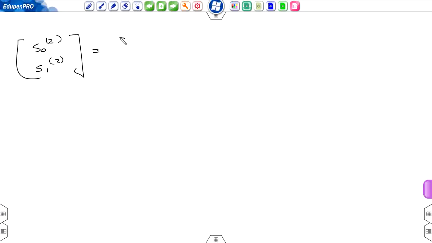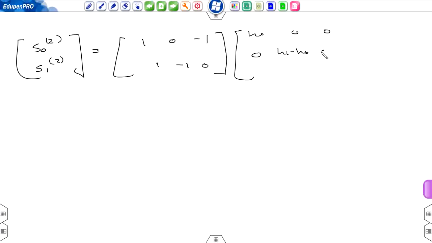So this is 1 0 minus 1, 1 minus 1 0, this is h0 0 0 0, h1 minus h0 0, 0 0 h0 plus h1, and at last x0 plus x1 minus x2, the second row x0 minus x2, and in the third row that is x1.